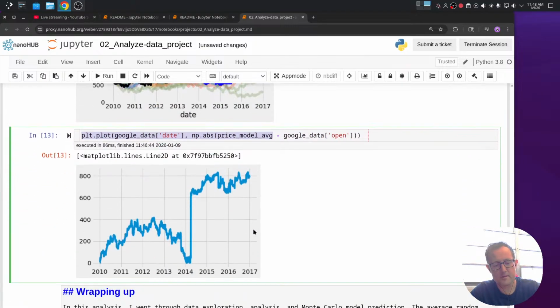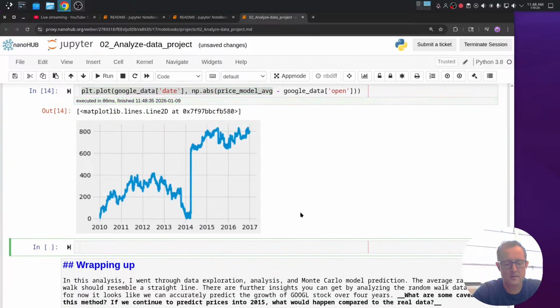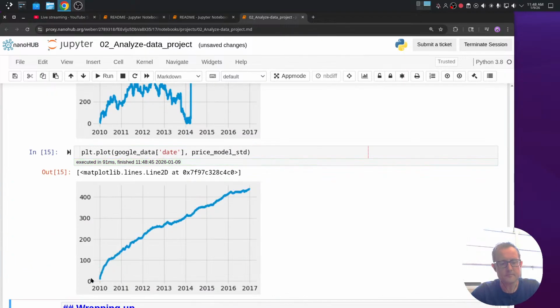Let's grab this. And now I can see the standard deviation. For the most part, it just keeps increasing. So every month and every year, we have bigger error, less and less precision.